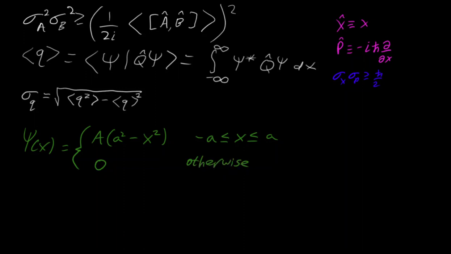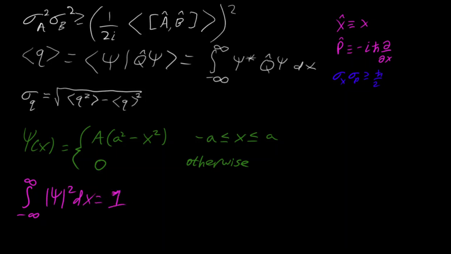The first thing is we have to find the constant A to normalize this wave function. We use our normalization condition: the integral from negative infinity to infinity of the norm of psi squared, but it's real, dx is equal to 1.